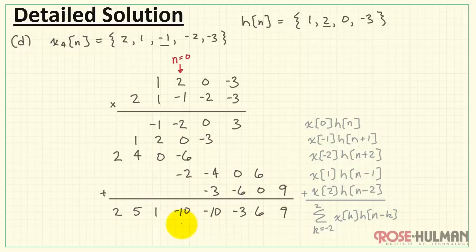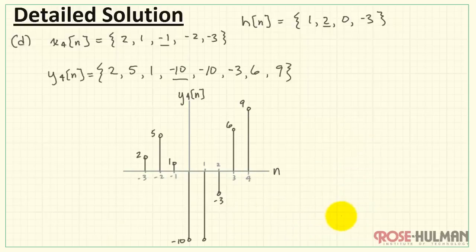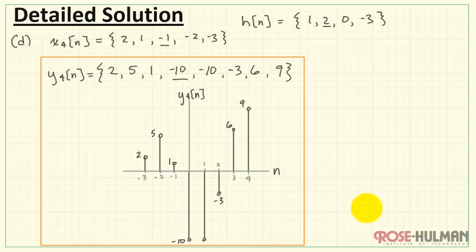Now to finish off, I will observe that the n equals 0 column is all lined up, and this would be my n equals 0 value right there for the result. I'll bundle these together as a sequence and call that y4 of n. Then let's go ahead and visualize that as the stem plot, and that wraps up this problem.